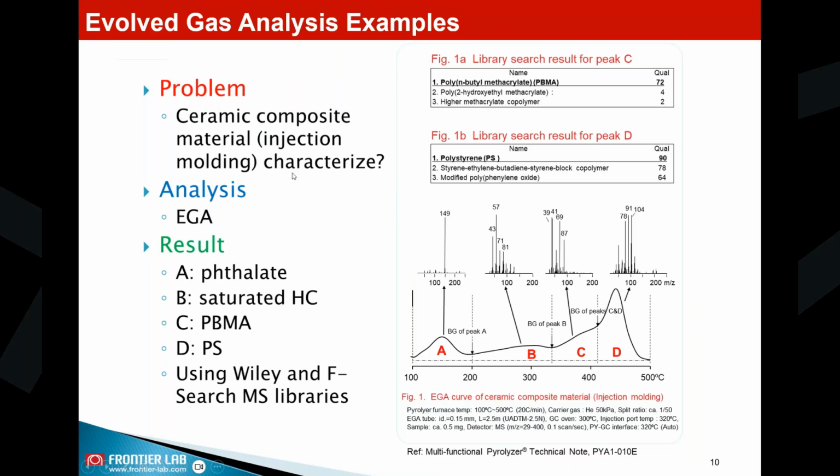Okay, so in this case, from this average mass spectrum and our library database, it shows the presence of additives like phthalate, saturated hydrocarbon, and the polymer is basically a polybutyl methacrylate and polystyrene. So this is the additional information that evolved gas analysis can provide compared to the thermogravimetric analysis.